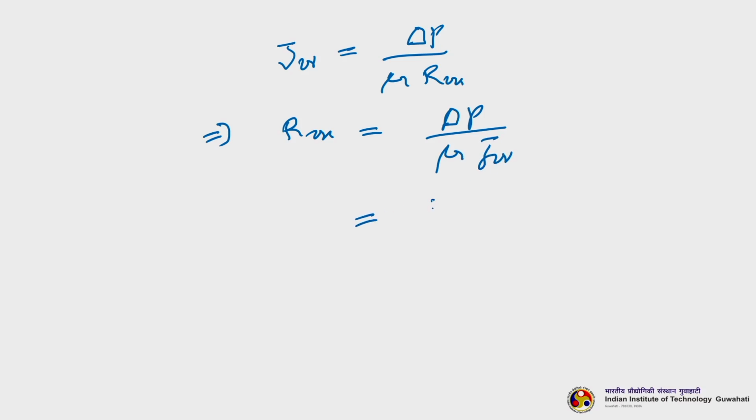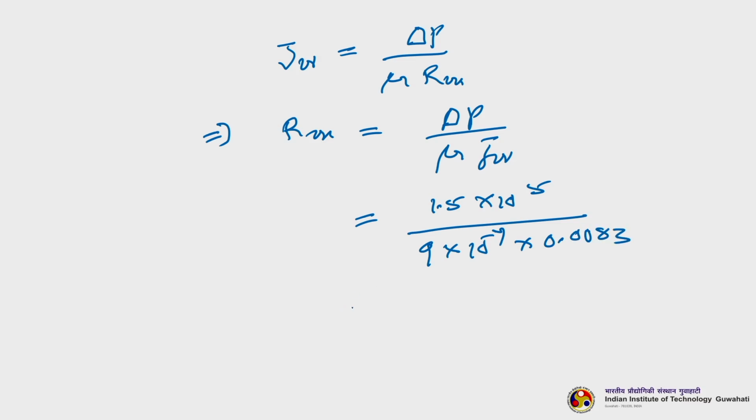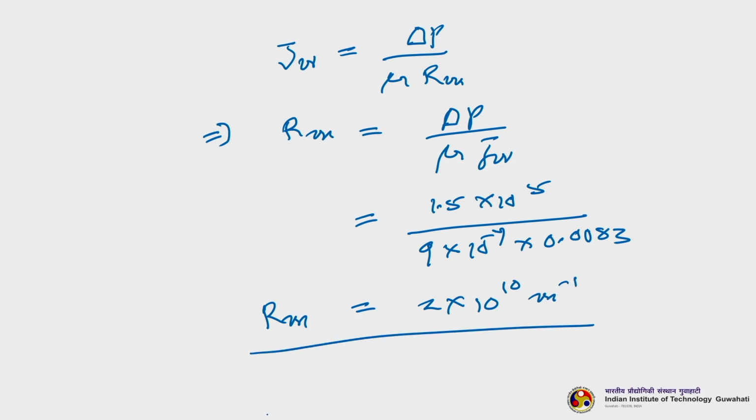Substituting, delta P is 1.5 into 10 power of 5, mu is 9 into 10 power of minus 4, and Jw is 0.0083. So, here Rm, the resistance to flow offered by the membrane, has been calculated to be 2 into 10 power of 10 meter inverse. So, this is the resistance.